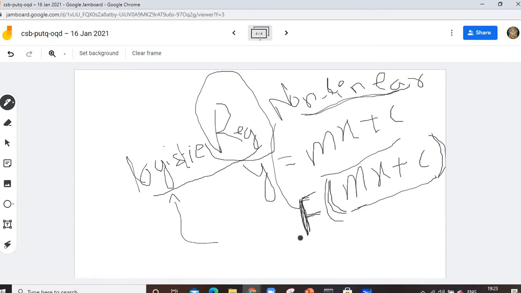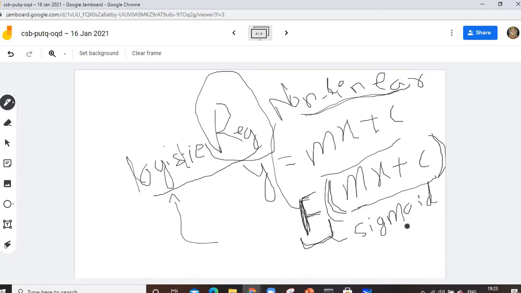So what is this function? Most important, what is this function? This is called the sigmoid function, SIGMOID.